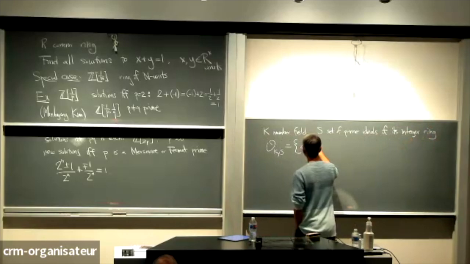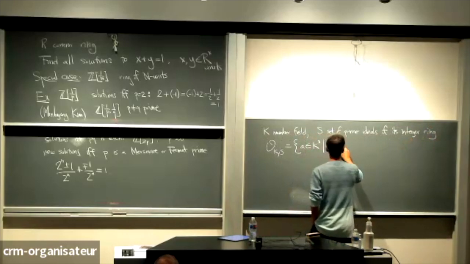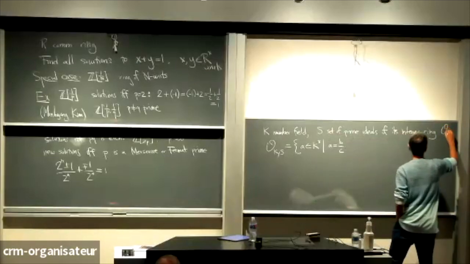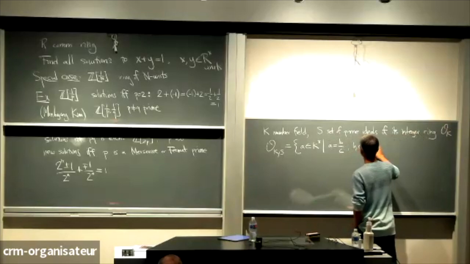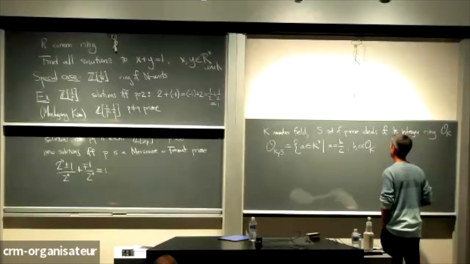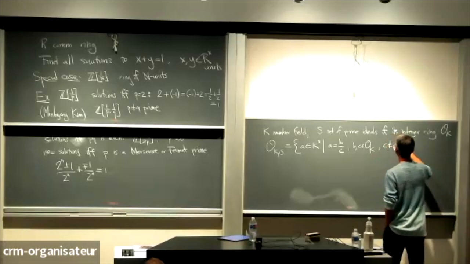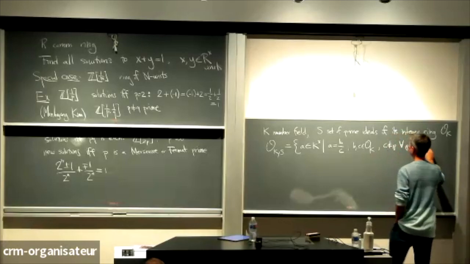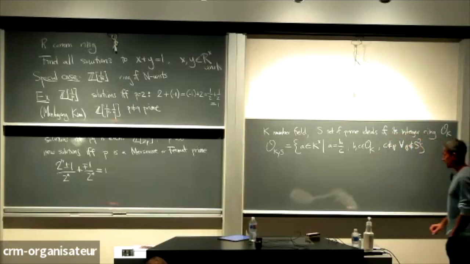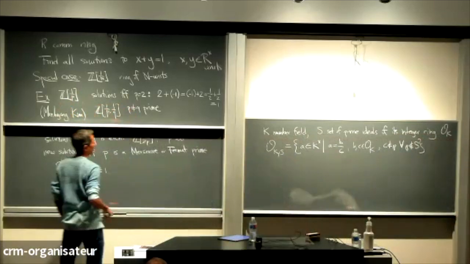So this would be like a in K cross, such that, let's say its integer ring is O_K, a equals b over c, with b and c in O_K. So a can be written like this, where c is not in P for all P not in S. So that's the exact analog or extension of this.